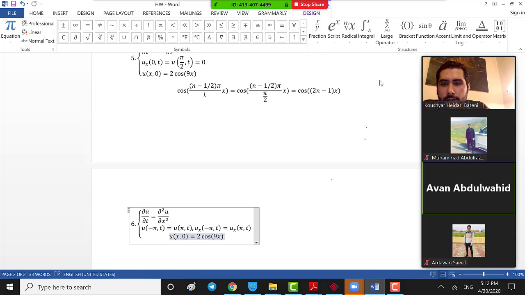Now, in case 6, we have a 1D heat equation type 5, right? Now, what is the eigenfunction for this?